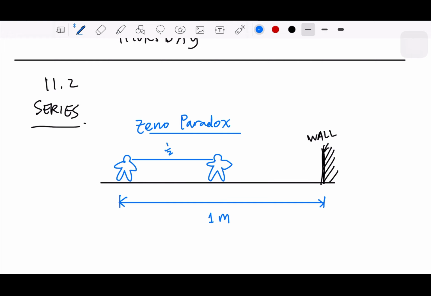So this is half. And then you need to go half of the distance here, which means half of half is 1/4. And then the same thing, when you have this 1/4 left, you need to walk 1/8. So every time this man wants to go over to the wall, he needs to go half of the distance that's left.